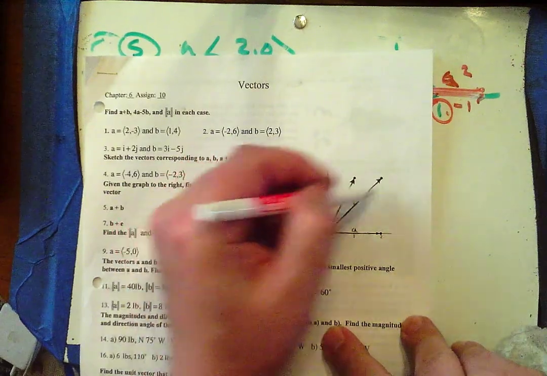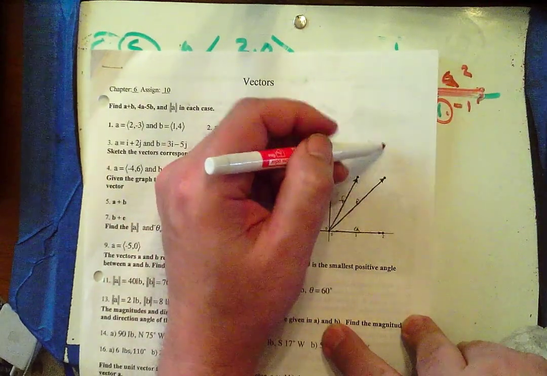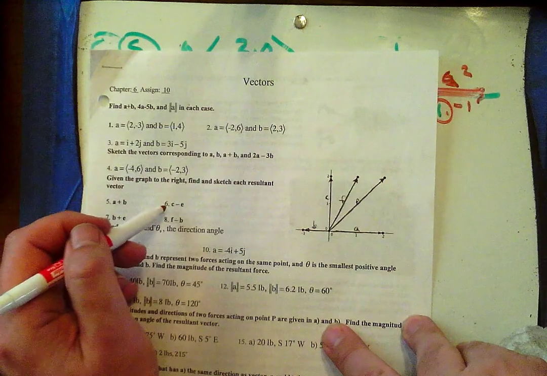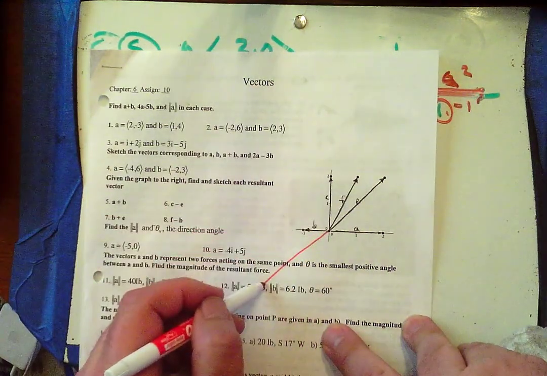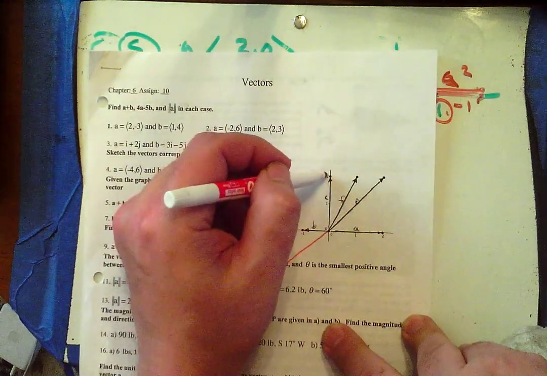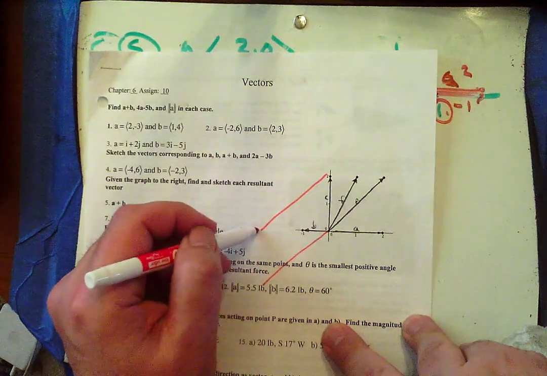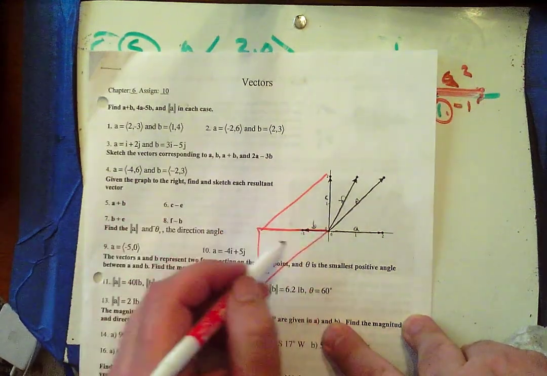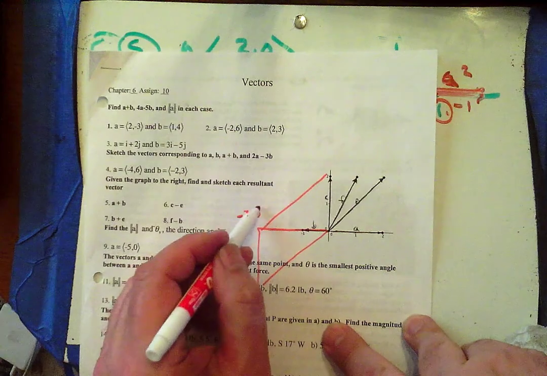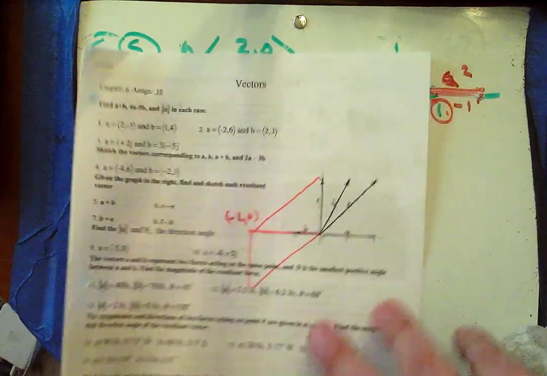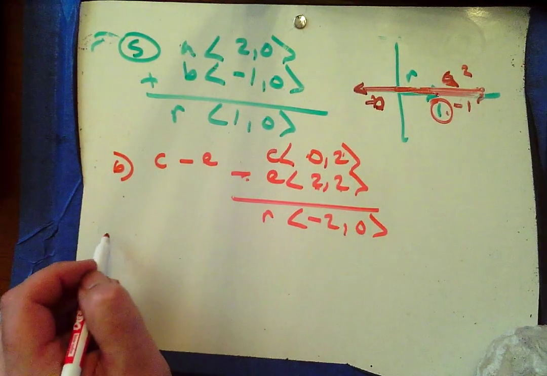So what I'm saying is that when I add this vector and this vector, think about it, oh, I'm subtracting. So there's -E, there's C, let's go -E, and let's go C, and look where I am. I'm here at -2, 0. Okay, so that's part B.